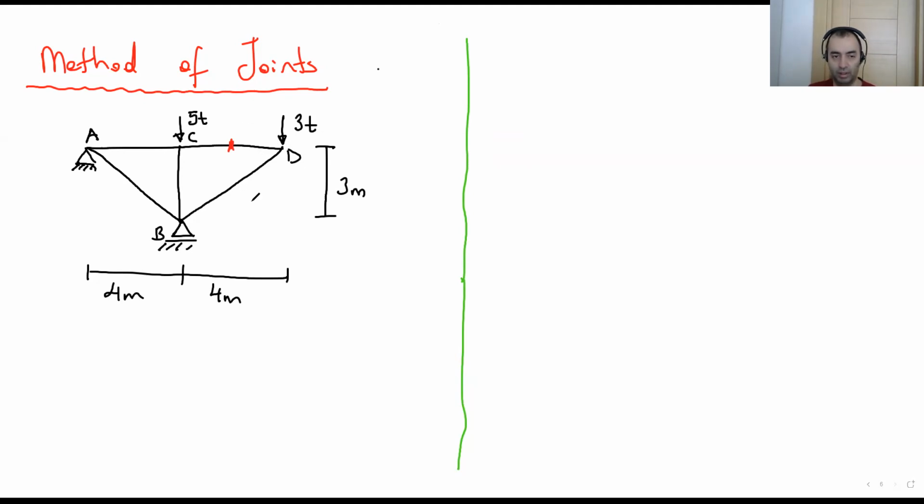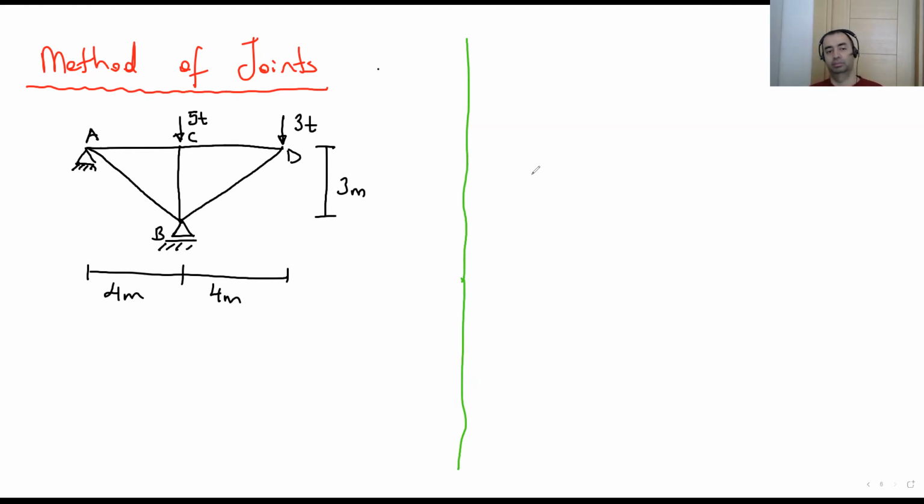We cut the system from where we are looking for the force and then write the equilibrium equations. This is the main difference. Now, we are going to calculate all member forces, so we are using method of joints.